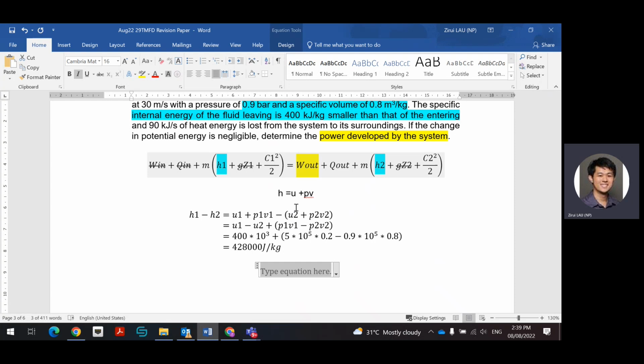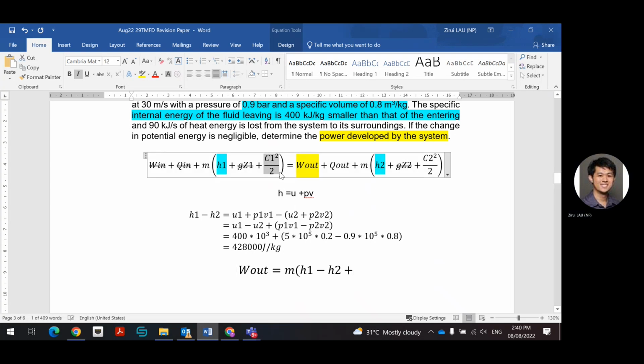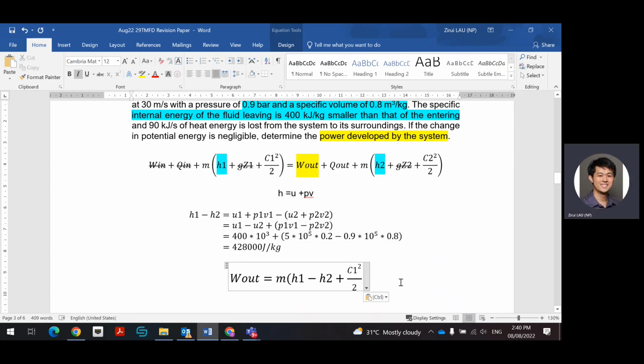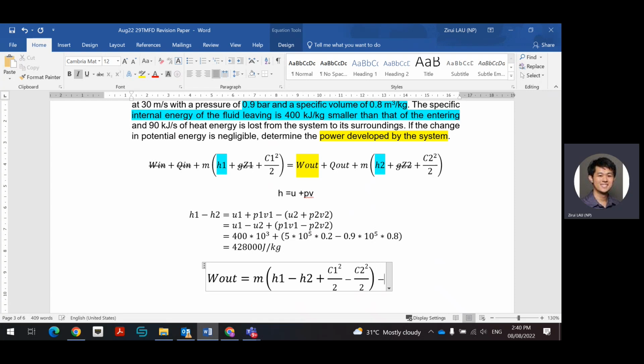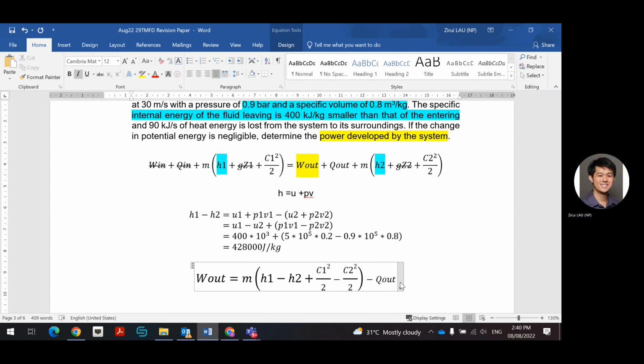W out is equal to m dot times H1 minus H2, plus C1 square minus C2 square over 2, minus Q out.